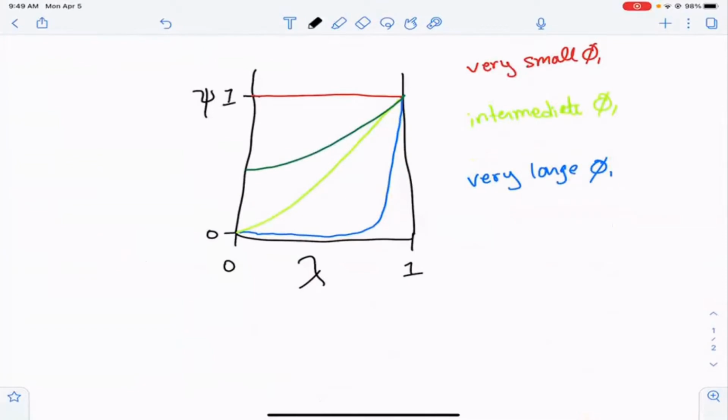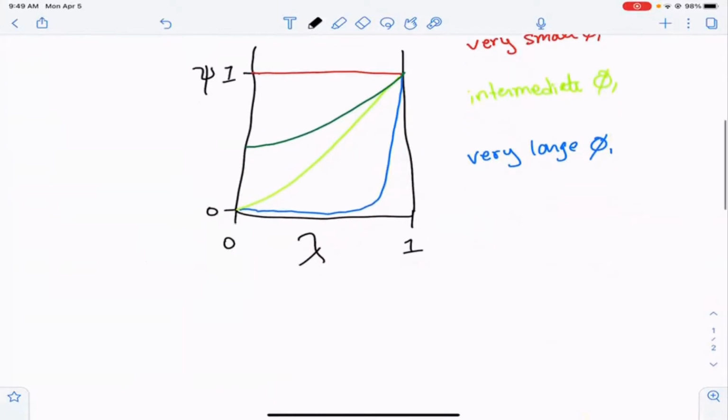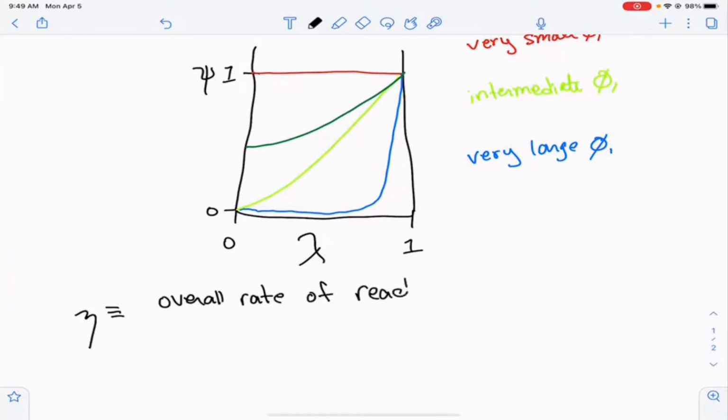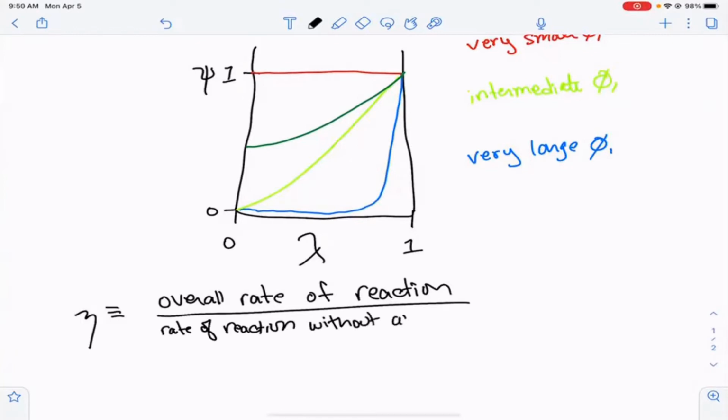Well, in our case, we are going to define two effectiveness factors. So one is defined as the overall rate of reaction divided by the rate of reaction without any limitations in internal mass transport.